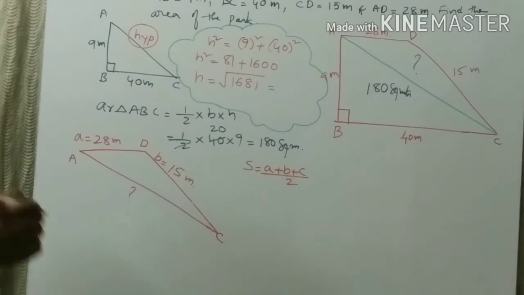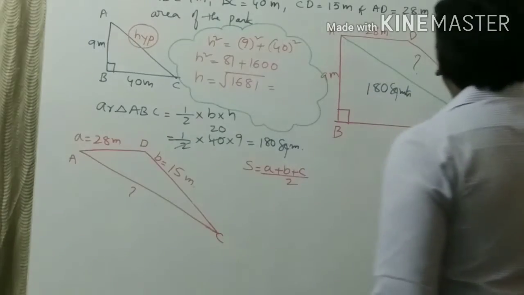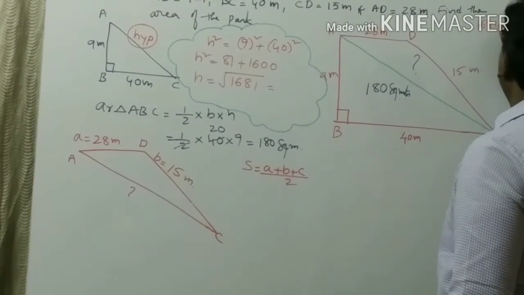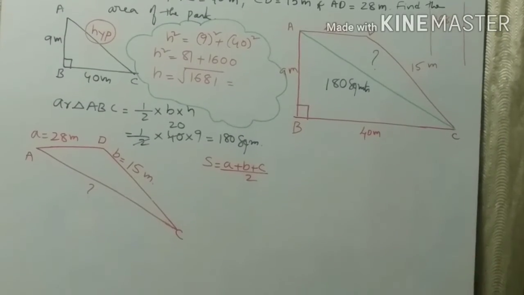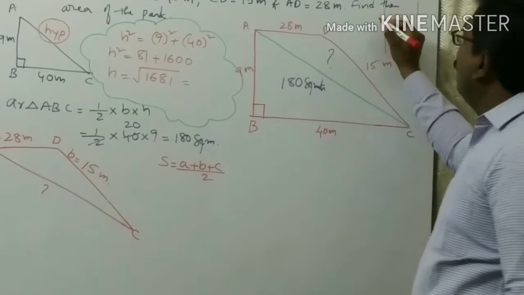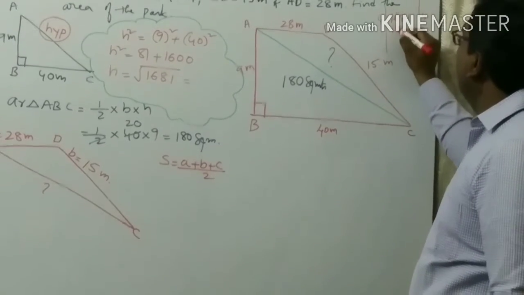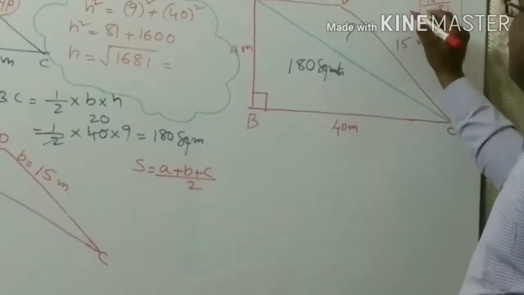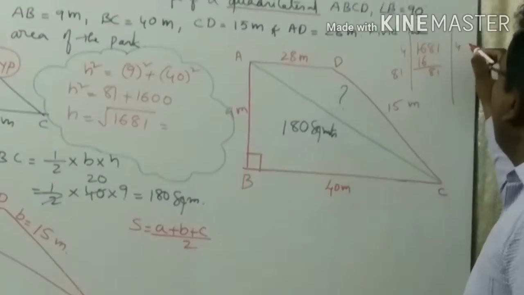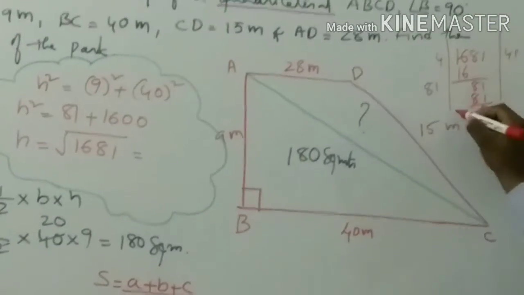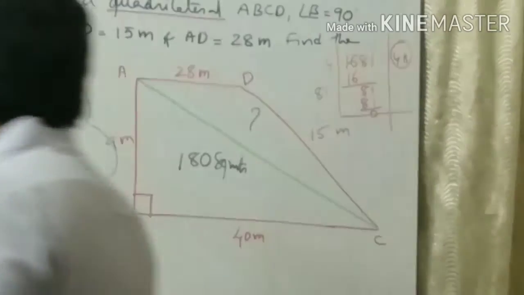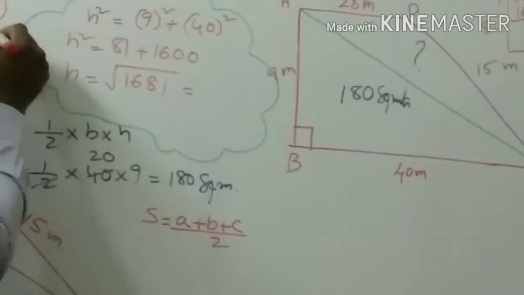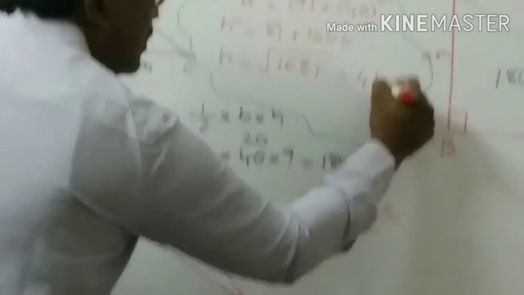I am taking the root by using the long division method. 4 4s are 16, 81, 4 double is 8, 1 time 81. So what is the root? 41. So hypotenuse is 41 meters.